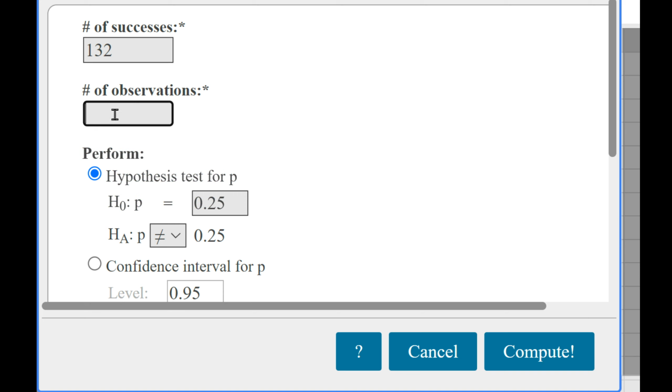And out of how many observations? I feel bad for you if you think that the total number of observations here is the number of green peas. Well, it's not. It would be the sum of all the peas, which is the number of green peas plus the number of yellow peas. That's a total of 546.